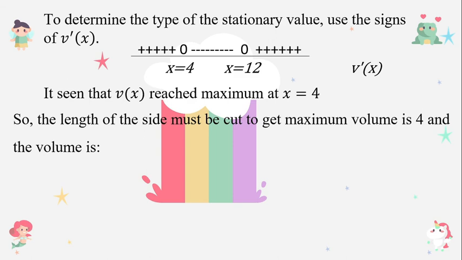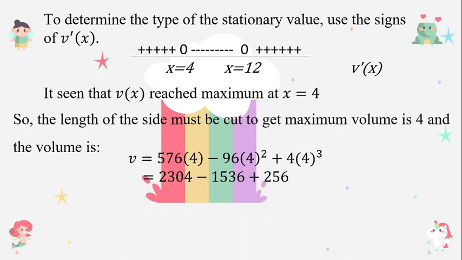so the length of the side that must be cut to get maximum volume is 4, and the volume is V equals 576 multiplied by 4 minus 96 multiplied by 4 squared plus 4 multiplied by 4 cubed, equals 2304 minus 1536 plus 256, equals 1024 cubic inches.